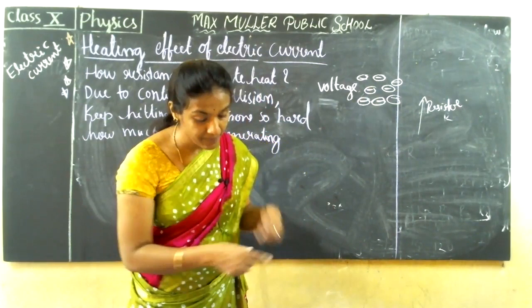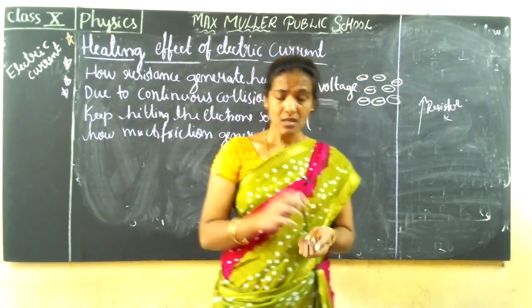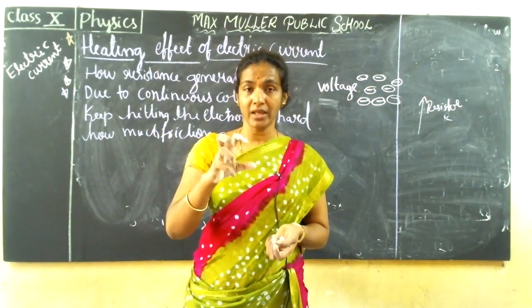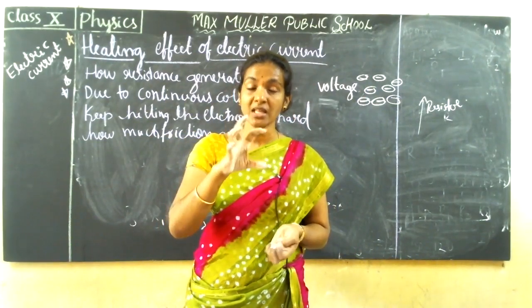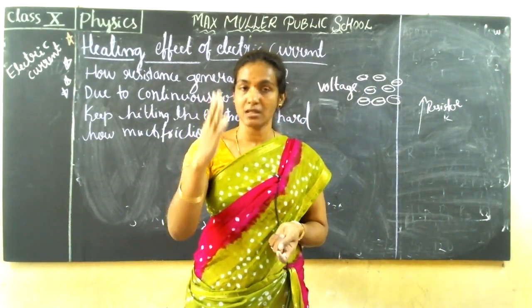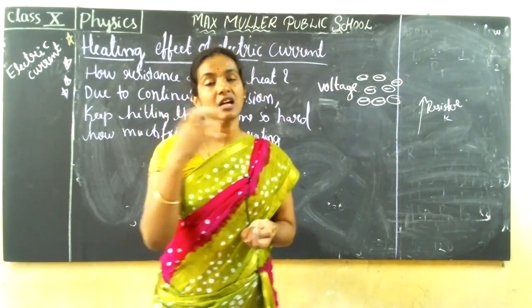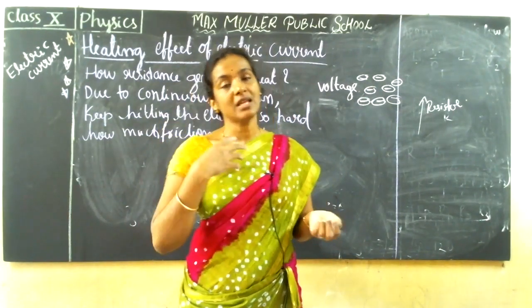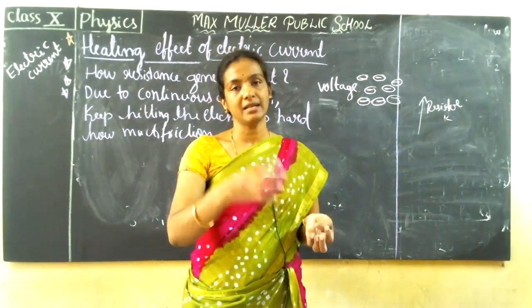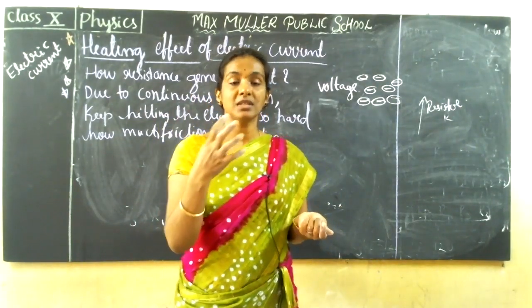It means when the electrons are flowing and the resistors are connected in a circuit, electrons are coming out of the resistance also. So when the electrons are flowing from the battery, the electrons are coming out from the resistance also.